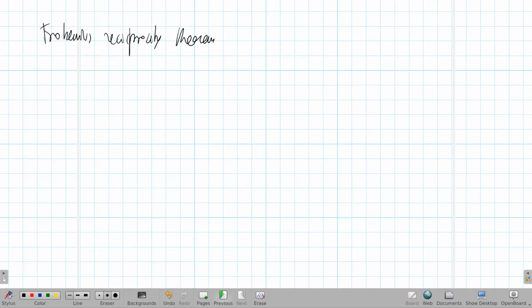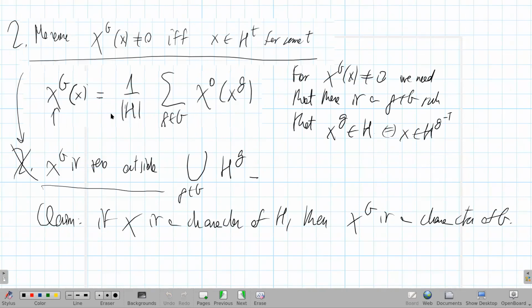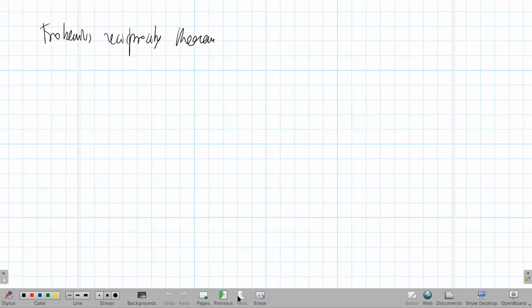And now this important result, the Frobenius reciprocity theorem, which explains why in this formula we have a division by the order of H. And the claim is the following.